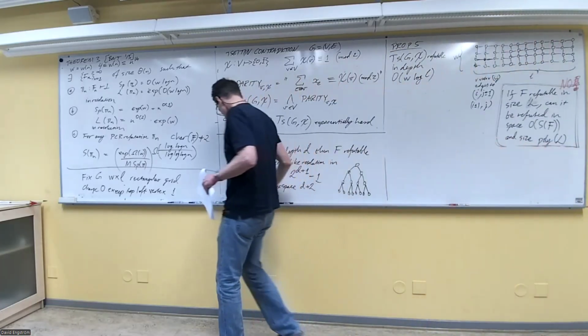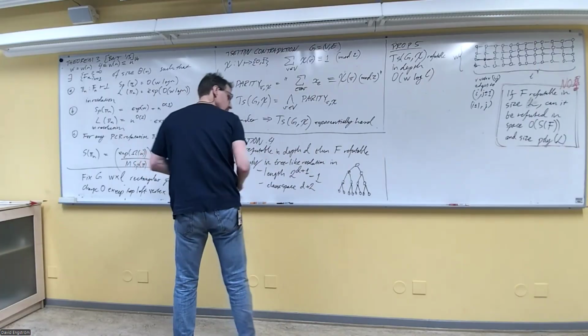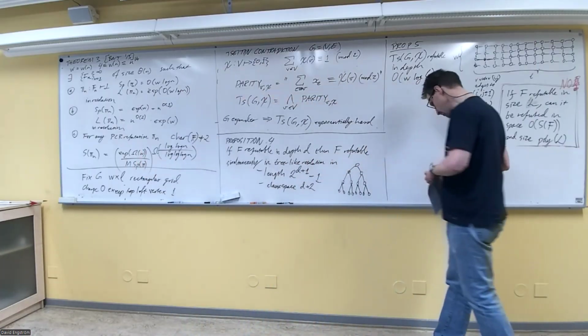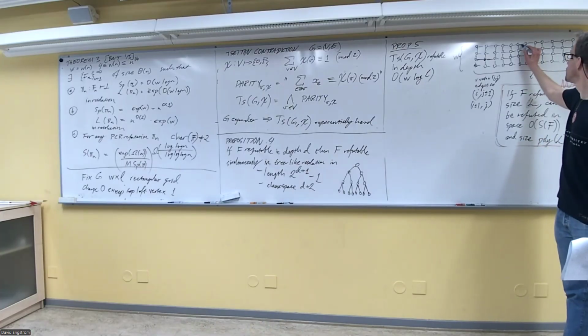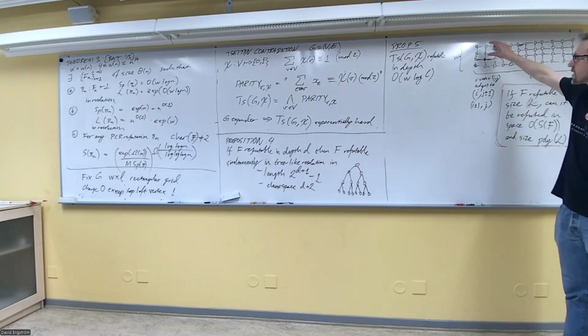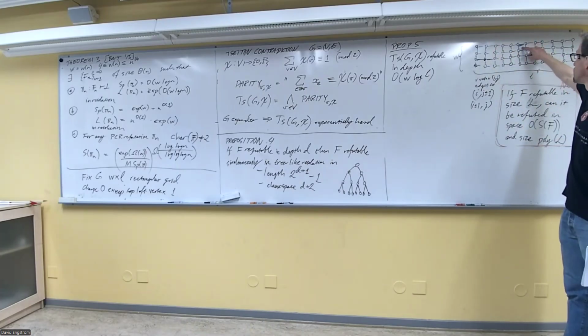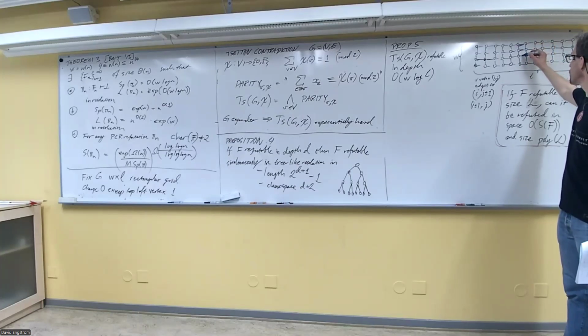And maybe you've already seen how to do this, and I apologize for boring you to death. But what are we going to do? Well, basically, I'm going to query all of these edges.